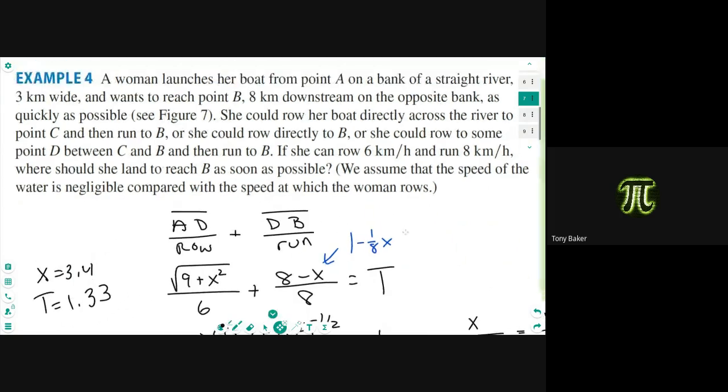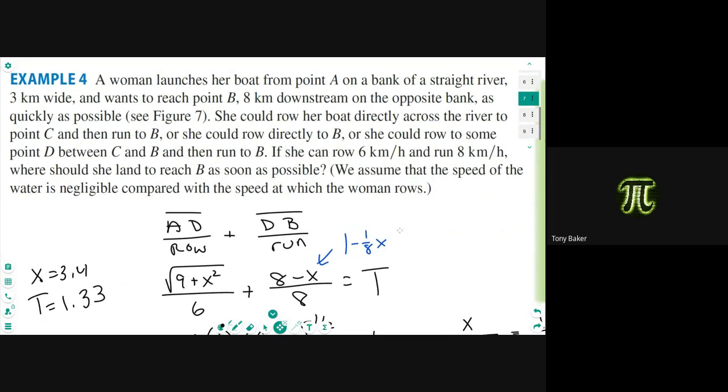So, what is the fastest way for her to get there? What is the way to minimize the amount of time she's using? What's your answer? 3.4?